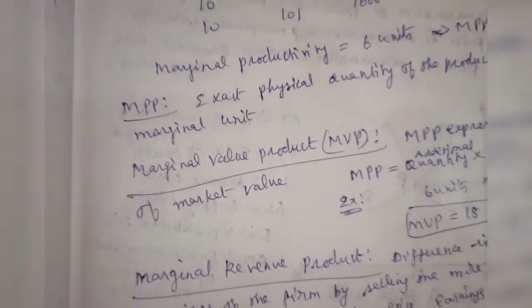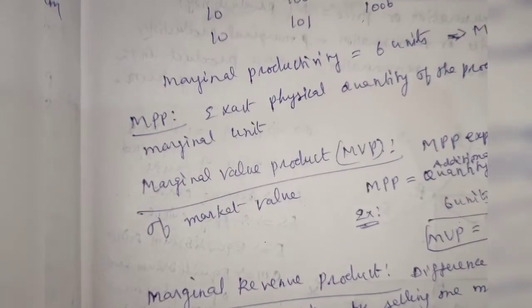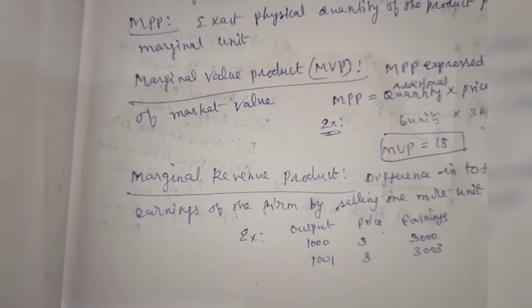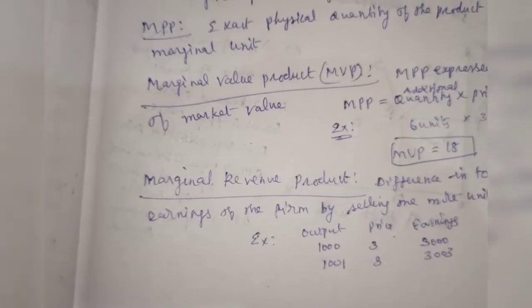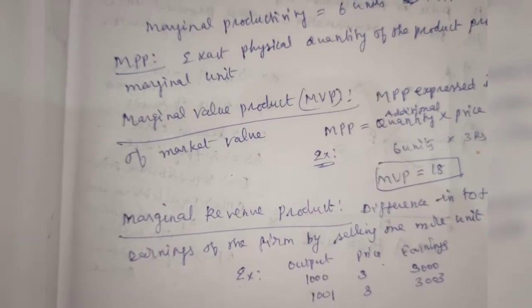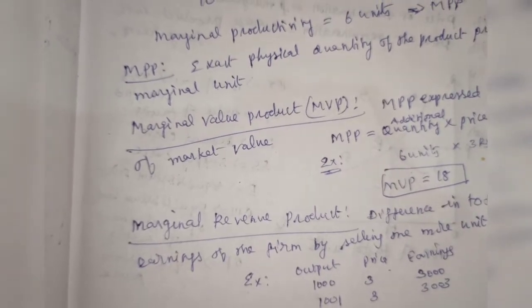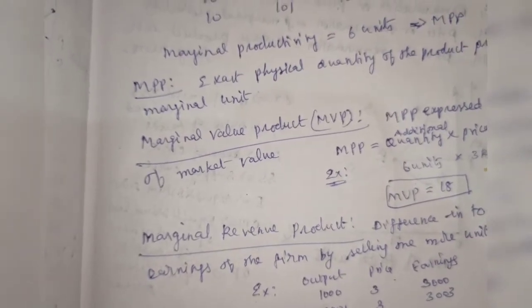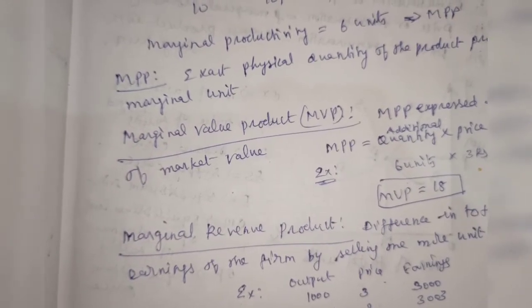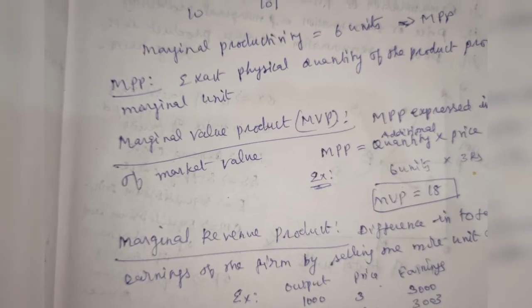The next concept is marginal value product. Marginal value product means this marginal physical product expressed in terms of market value. We already saw that the marginal physical product is the quantity, that is 6 units in our example.